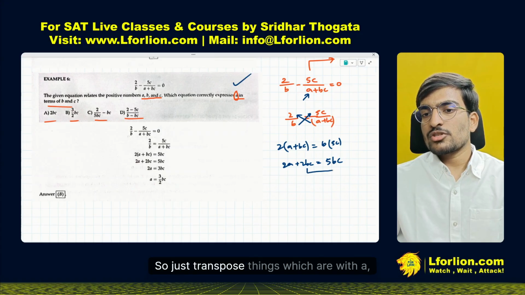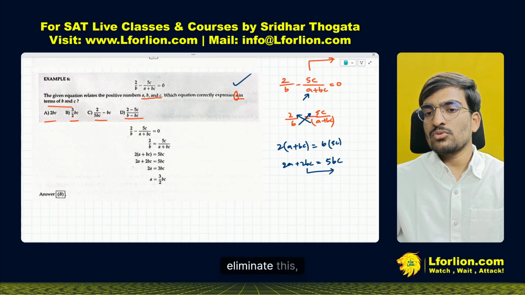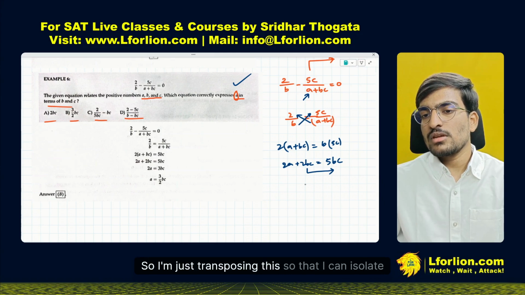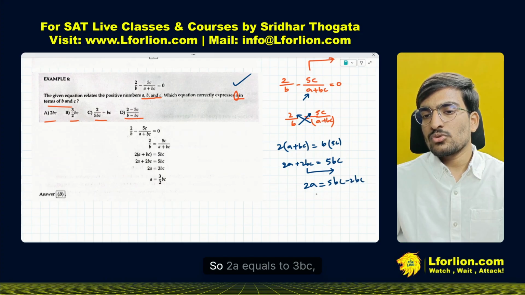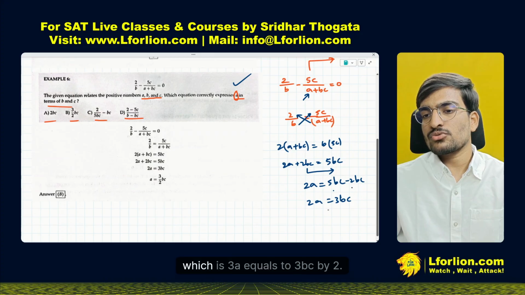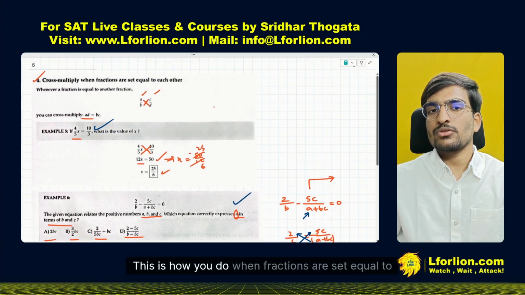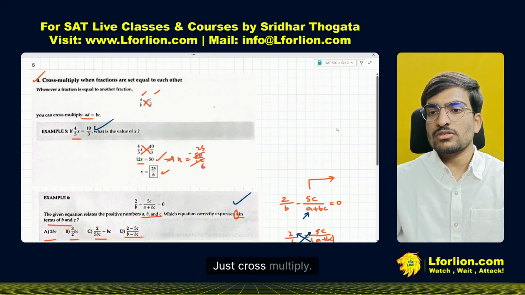So just transpose things which are with a. Eliminate this, eliminate 2, so that you will get the value of a. I'm transposing this so that I can isolate the a value. 5bc minus 2bc, so 2a equals 3bc. 5 minus 2 is 3. a equals 3bc by 2. So that's what we got. a equals 3 by 2 bc. This is how you do it when fractions are set equal to each other: just cross multiply.